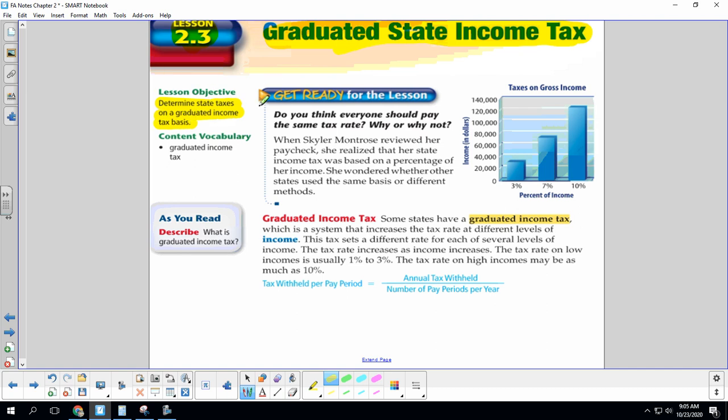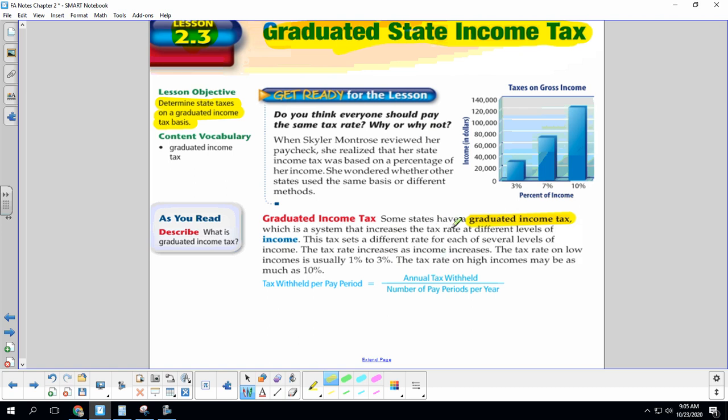So we're doing state tax again. When Skylar reviewed her paycheck, she realized that her state income tax was based on a percentage of her income. She wondered whether other states use the same basis or different methods. So some states have a graduated income tax. And remember, everything I highlight, you have to fill in on your notes.